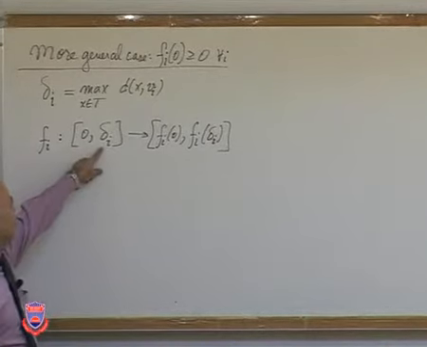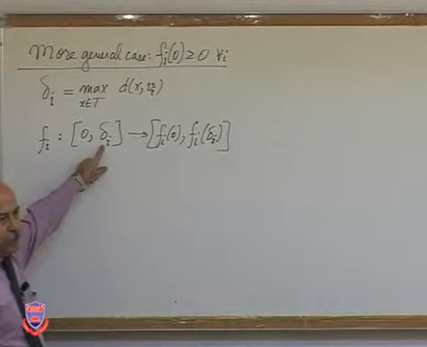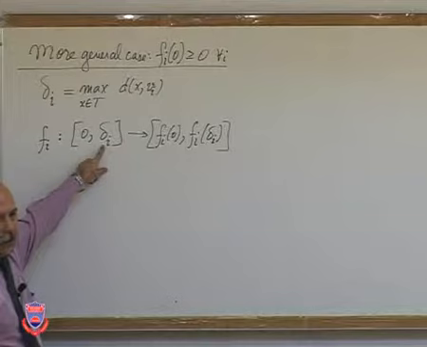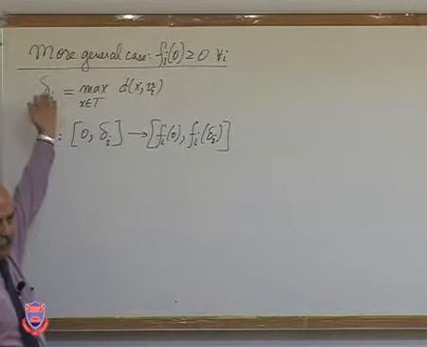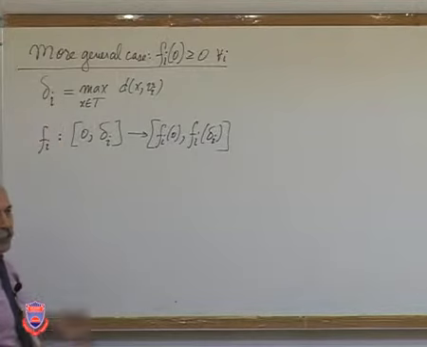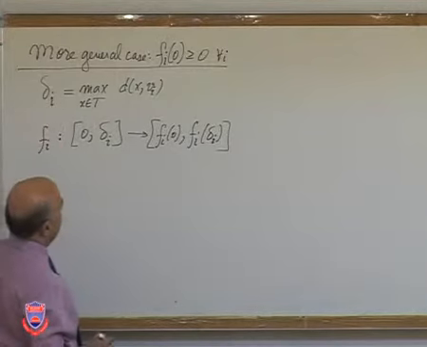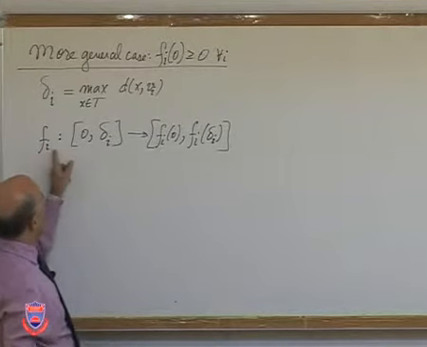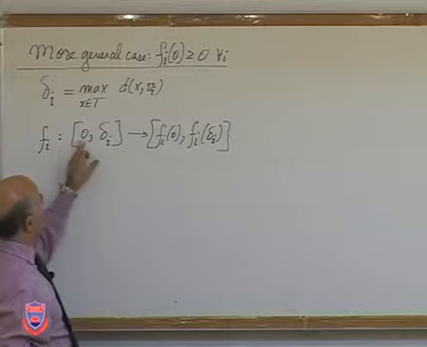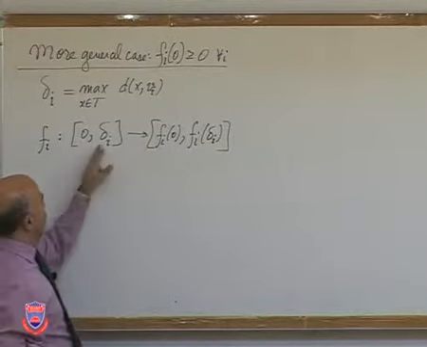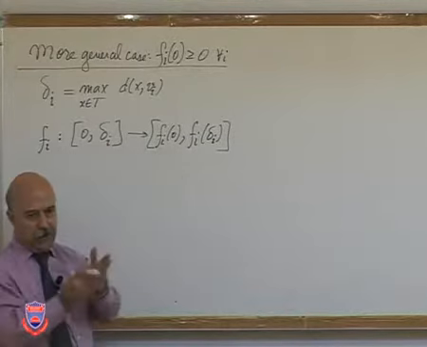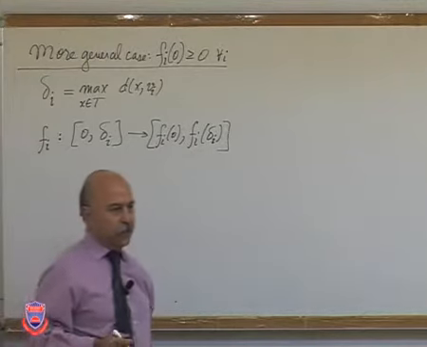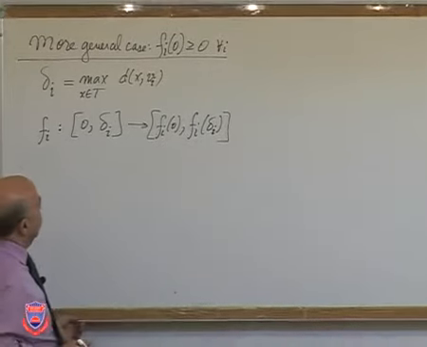Now, why did I restrict it to [0, delta i]? Because the points you pick on the tree network can never be any farther from Vi than delta i. That's because of the definition. These are a priori computable. All right. And the range is, of course, since this is a monotone function, the smallest you can be here is Fi(0), and the largest you can be is Fi(delta i). So your function values will be in that interval.